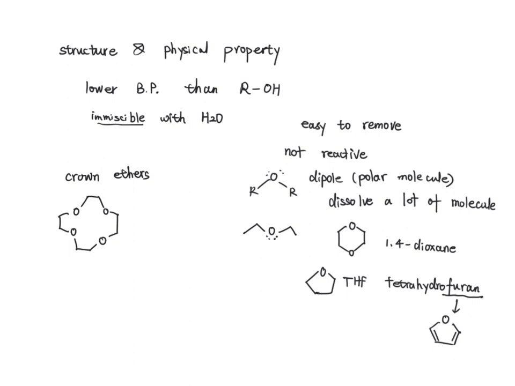And crown ether is a really great organic solvent that can help the cations dissolve in the solvent. Why is that? Remember, all these oxygens have lone pairs, right? For example, you have some cations with positive charge. It will wrap around these cations to help them dissolve in the organic solvent.